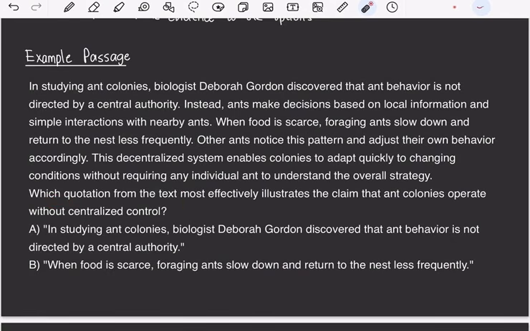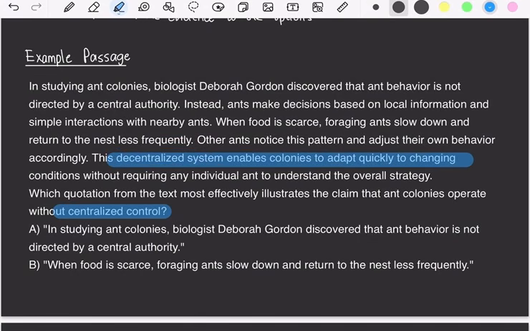Which quotation from the text most effectively illustrates the claim that the ant colonies operate without centralized control? Now, this is the idea, and you have to find the quotation that illustrates this idea, that is the evidence for this idea, right? So let's identify the main claim: that ant colonies operate without a centralized control system, right?